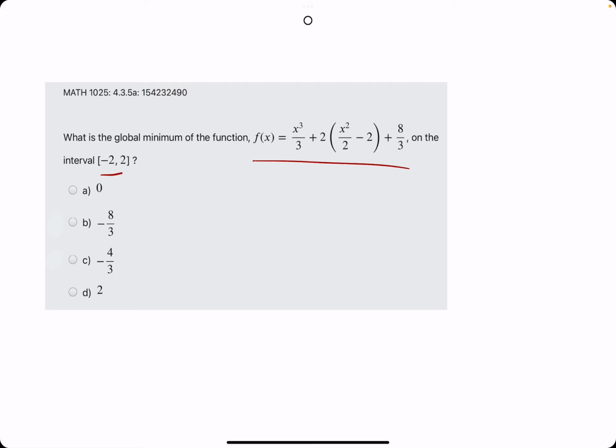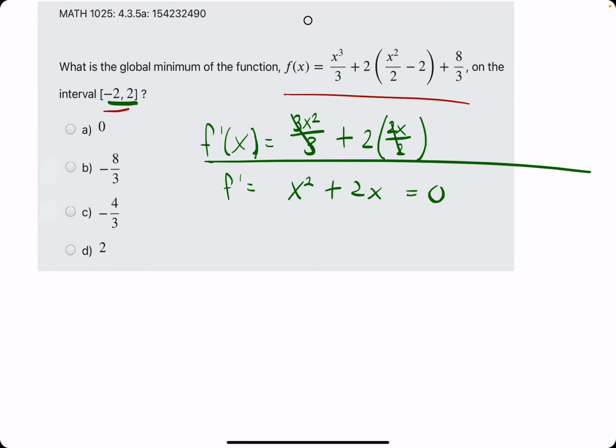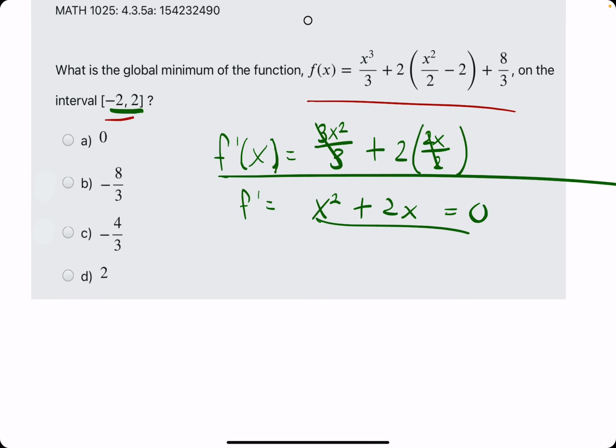Now let's simplify a little bit. 3 over 3 goes away, 2 over 2 goes away. We are left with x squared plus 2x. This is f prime. When finding critical points, we set f prime equal to 0 and solve for x. When we have an x squared scenario like this, we usually want to factor.